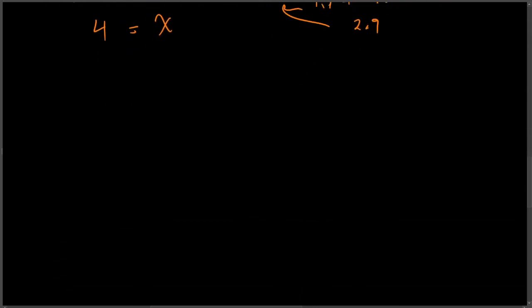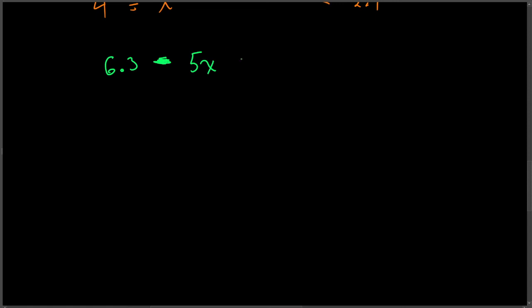Let's do one more. And we'll get some parentheses thrown in here. We'll make sure we get all of our order of operations taken care of. So I have 6.3 minus 5 times an unknown quantity is equal to 3 times the quantity, x plus 2.9.